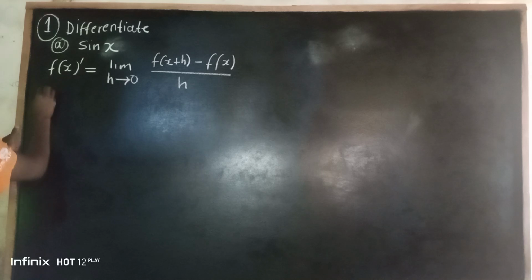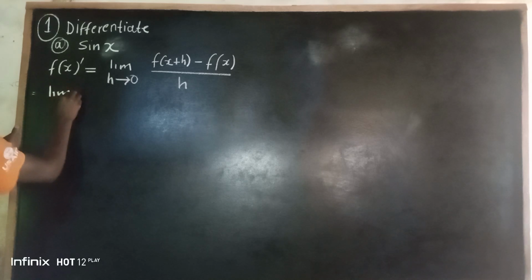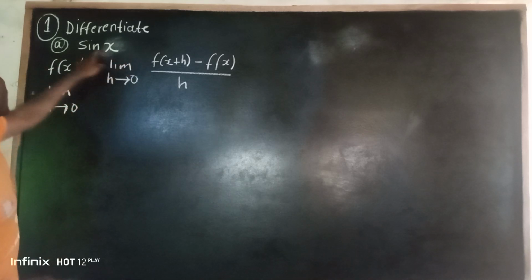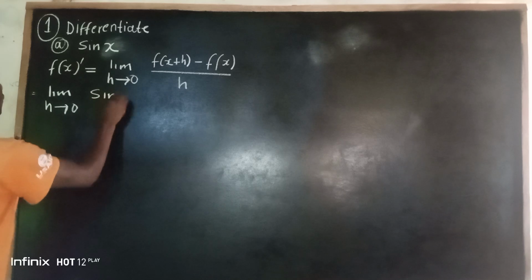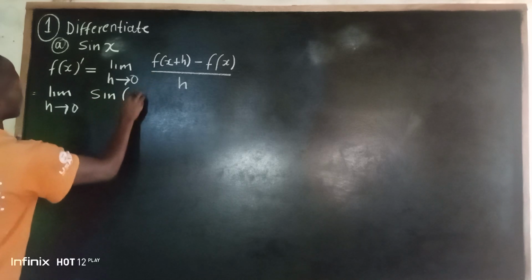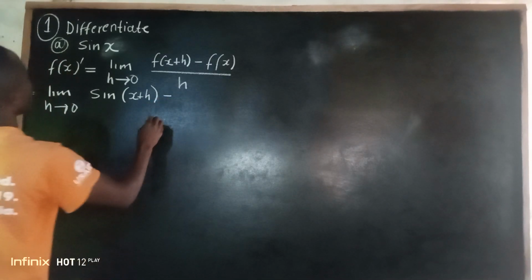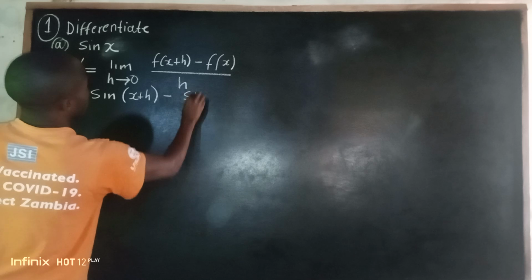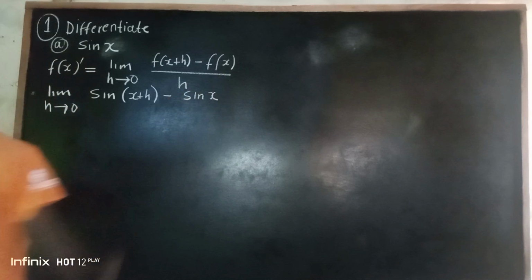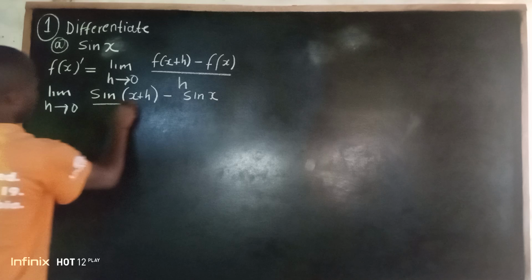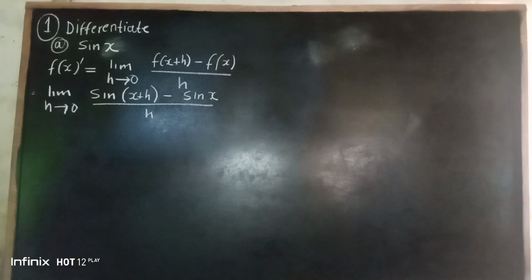So we are saying limit as h approaches 0, here we are going to write sine of (x plus h) minus sine x, over h.